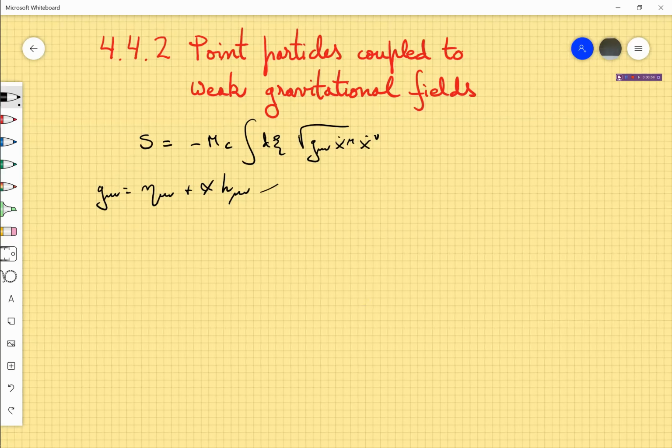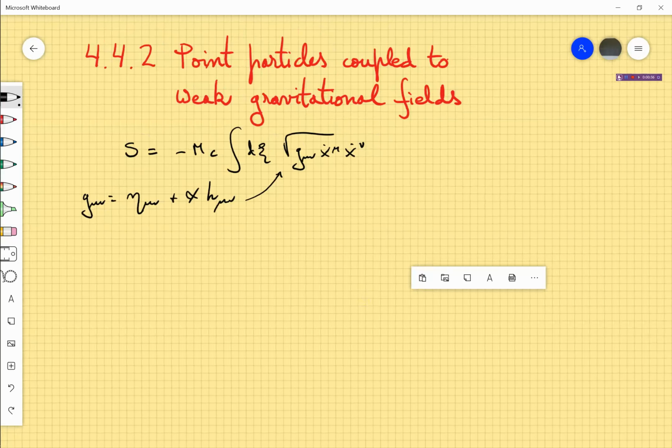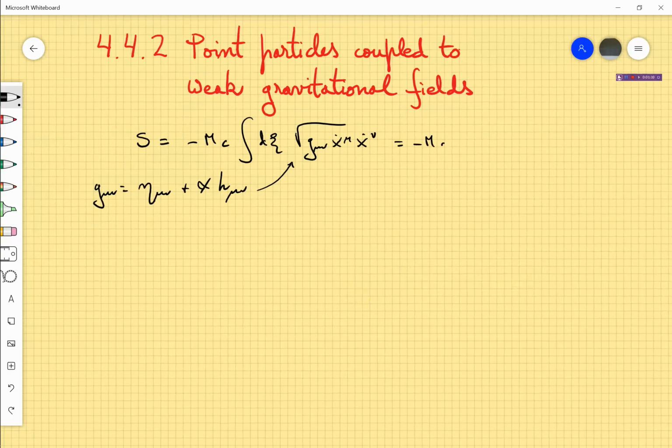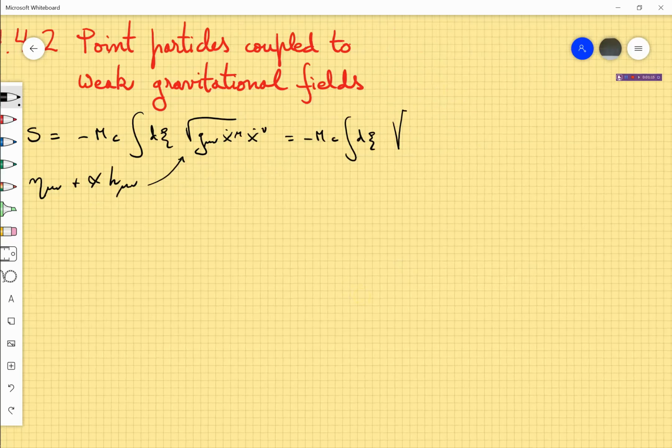So as a first step we just replace g mu nu by this expansion, okay, and we have minus mc integral of the square root of minus eta mu nu x dot mu x dot nu plus chi h mu nu x dot mu x dot nu, and the square root extends up to here.